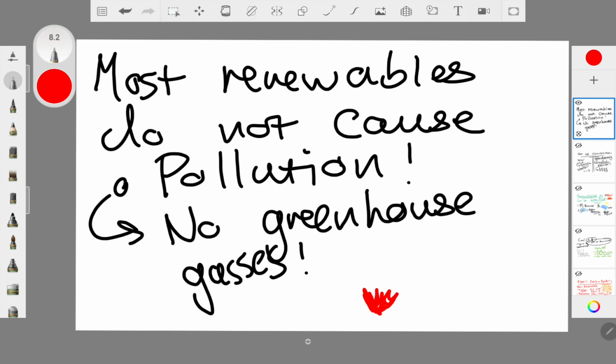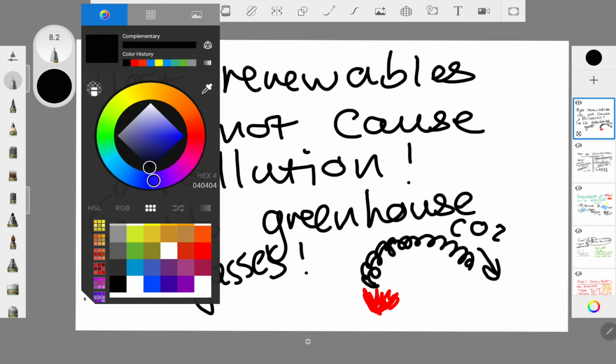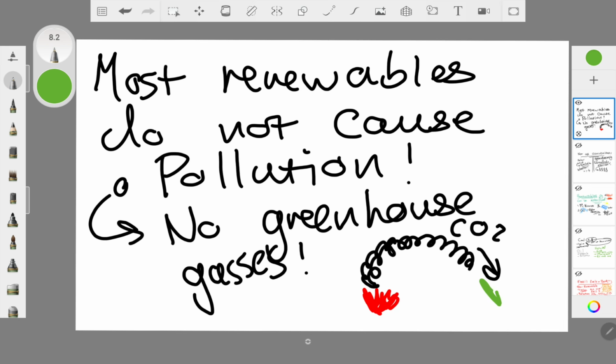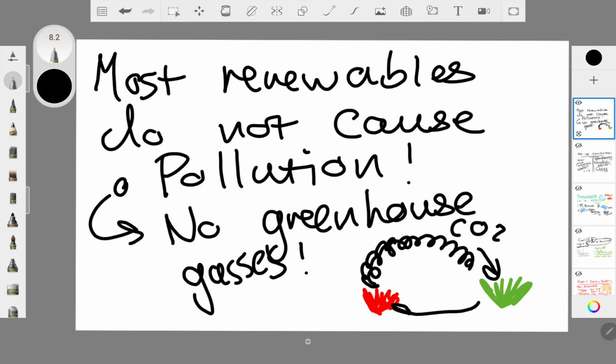But you have to consider, okay, all of these gases, if you're using biomass, where are they going to go? It's CO2. It's just going to go back into growing more biomass. So it's a nice little loop. Yeah? So most of them, if done properly, you're going to have no pollution, no greenhouse gases. Okay?